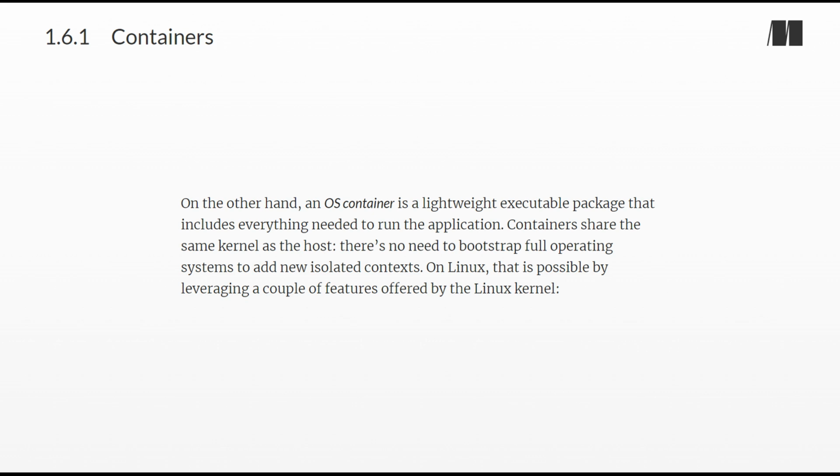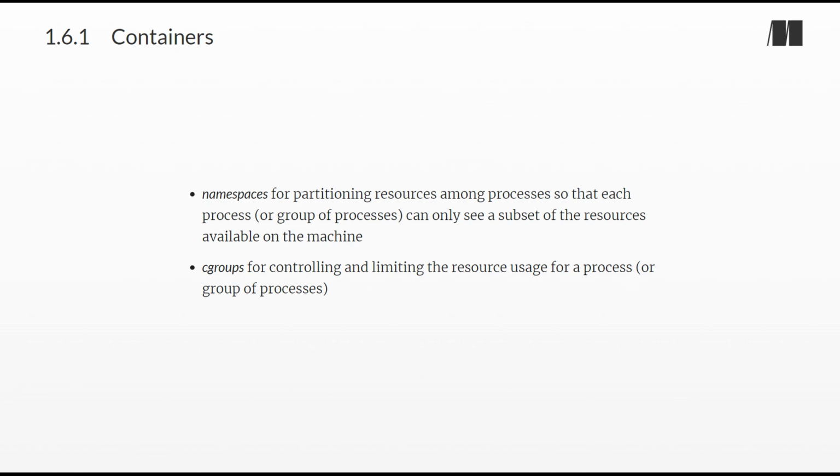On Linux, that is possible by leveraging a couple of features offered by the Linux kernel. Namespaces for partitioning resources among processes so that each process, or group of processes, can only see a subset of the resources available on the machine. C groups for controlling and limiting the resource usage for a process, or group of processes.